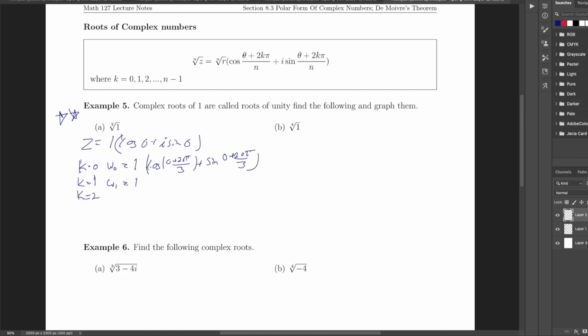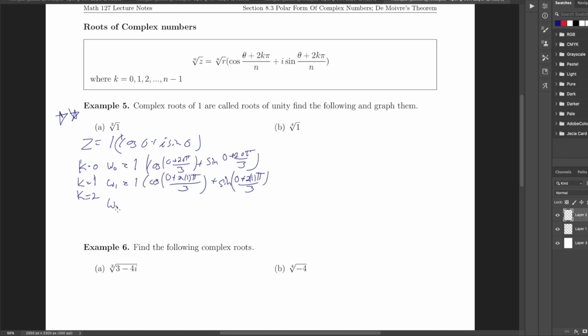w1 would be 1, because the cube root of 1 is still 1. Cosine of 0 plus 2, and this time we're going to put in a 1, pi over 3, plus i sine of 0 plus, so notice our theta is 0, and then our k here would be 1, so it'd be 2 times 1 pi over 3, and n here is still 3.